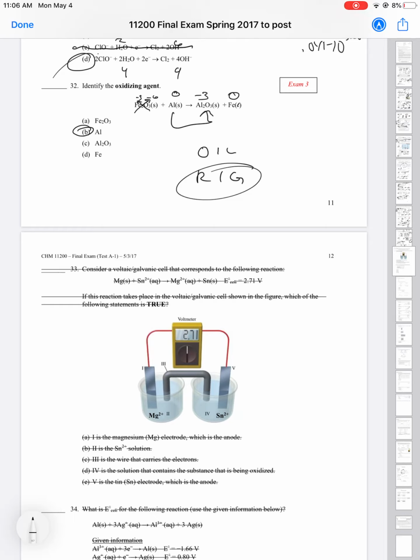The oxidizing agent. Am I crazy? Well, this is being oxidized, right? Because it goes from negative 3 to 0, and to go from negative 3, it has to lose 3 electrons.